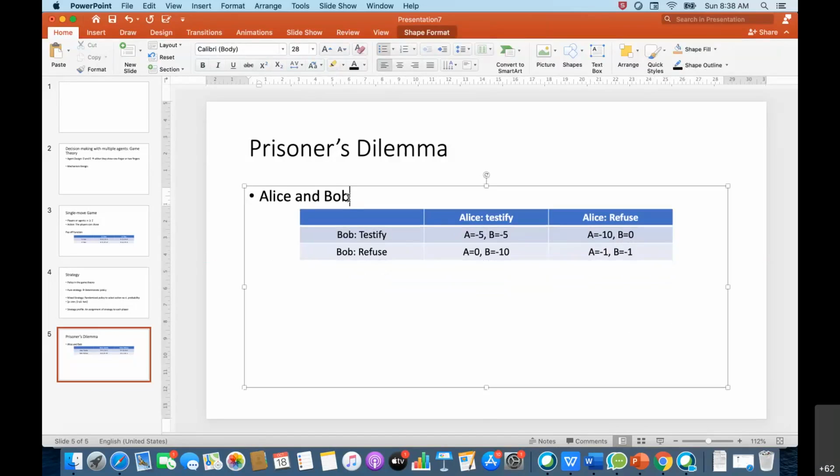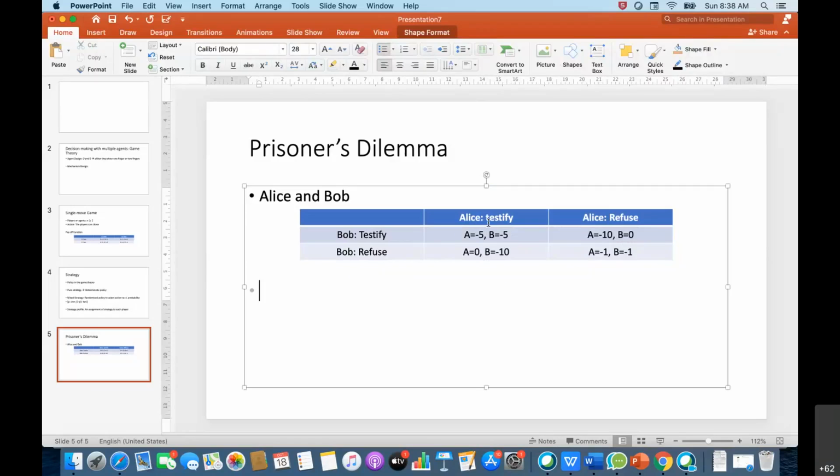Now, these are the prisoners. The fact is that none of them knows what the other one is going to say. Therefore, if Alice is clever enough, she will look into minimizing her punishment.